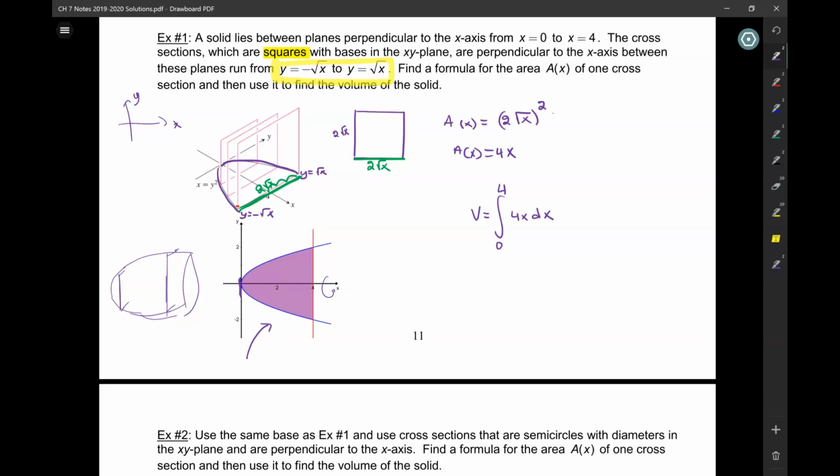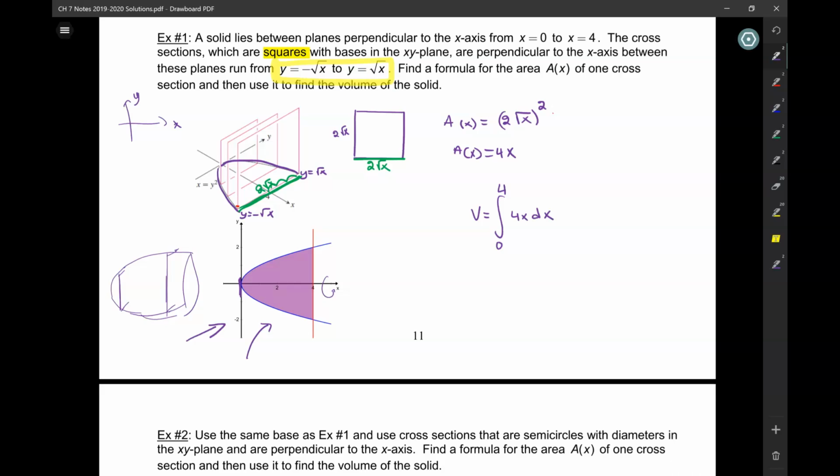Now, most of the time you're not going to be given that cute little square diagram on top. Most of the time, all you will be given is this. So from that, how do you figure all this out?